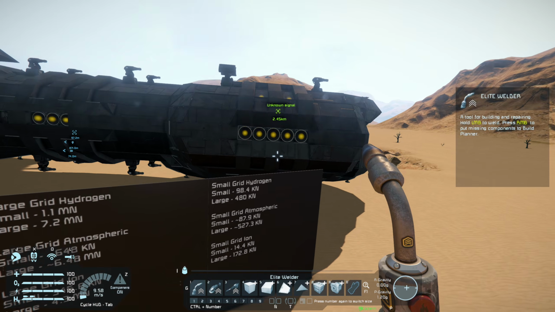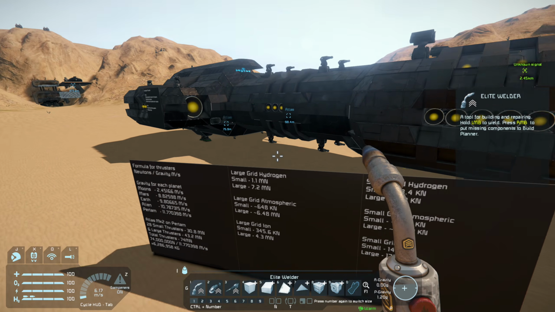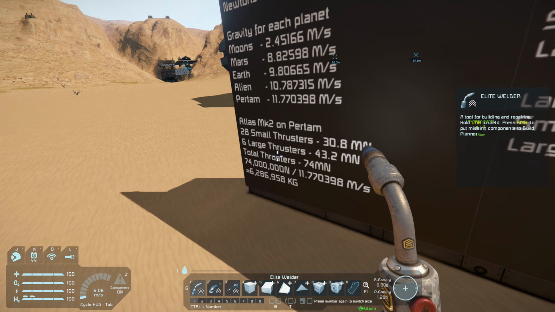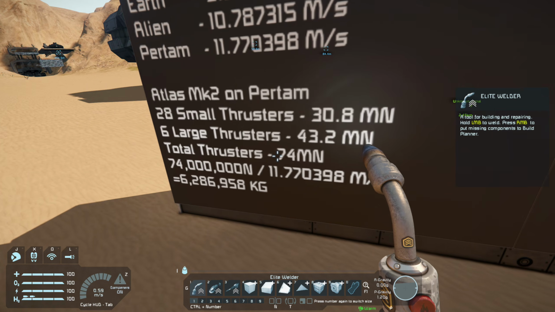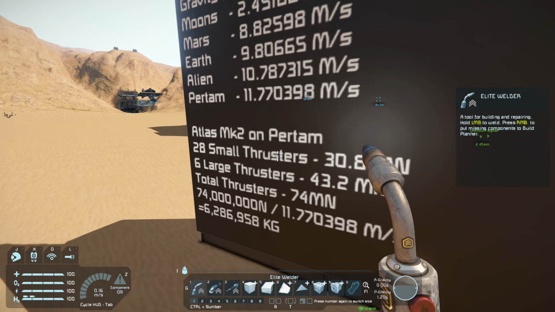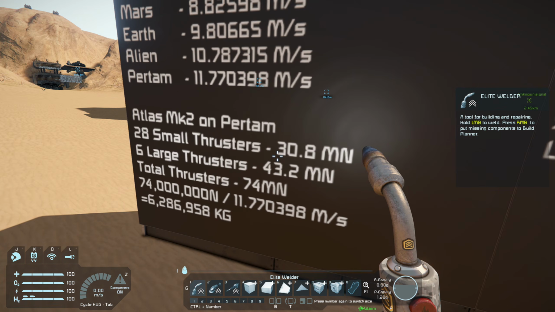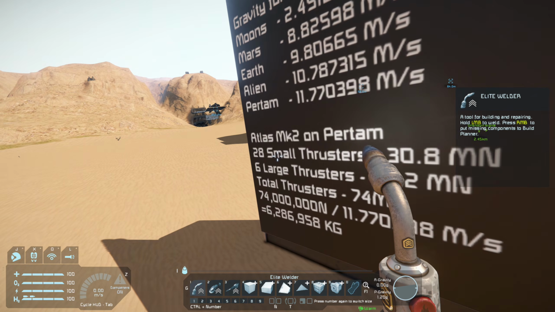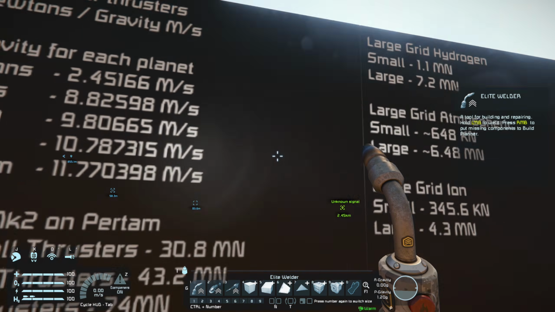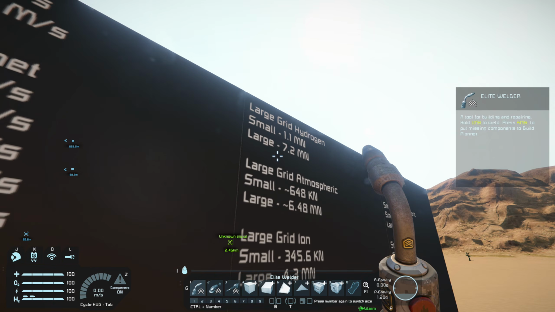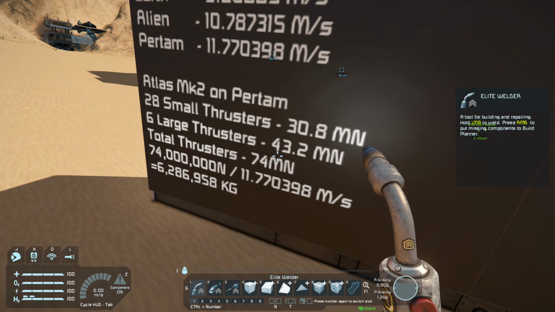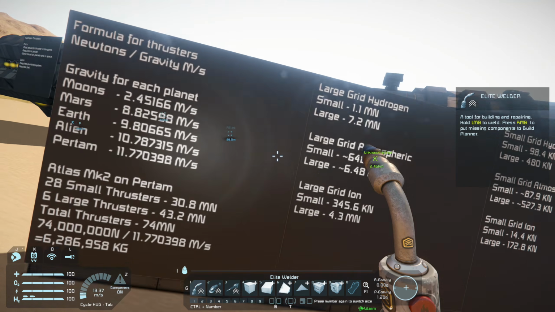On this particular ship we have 28 small thrusters and 6 large thrusters, so we multiply 28 by that value, multiply 6 by that value, and add those two together and we end up with 74 meganewtons.